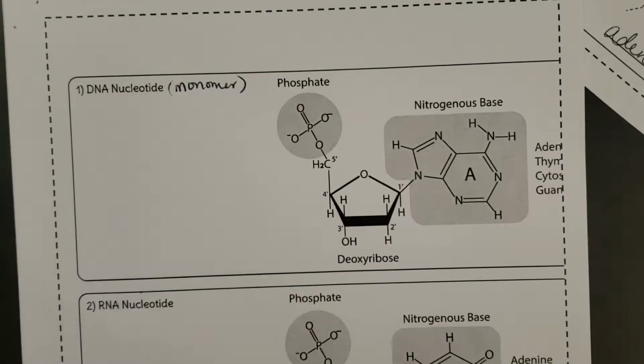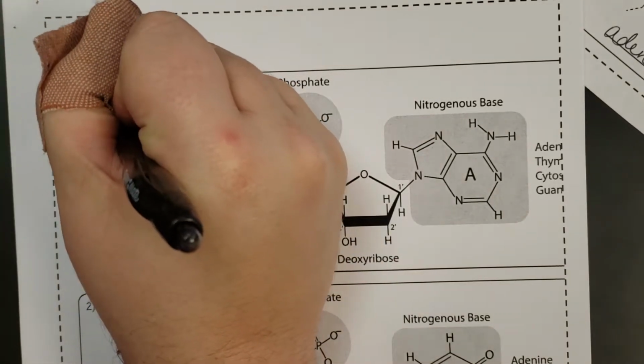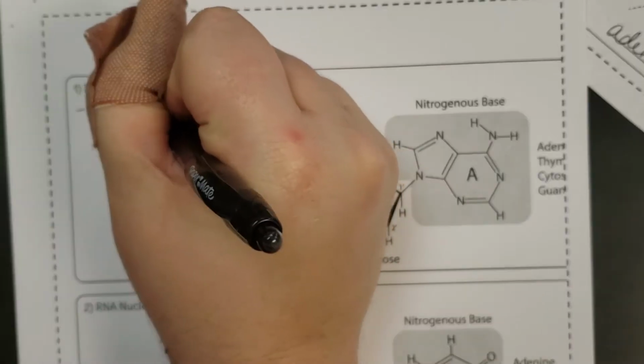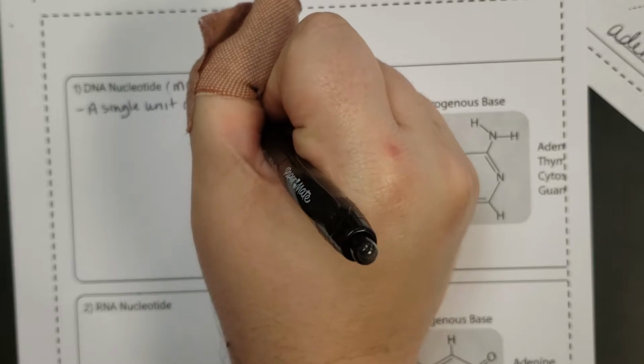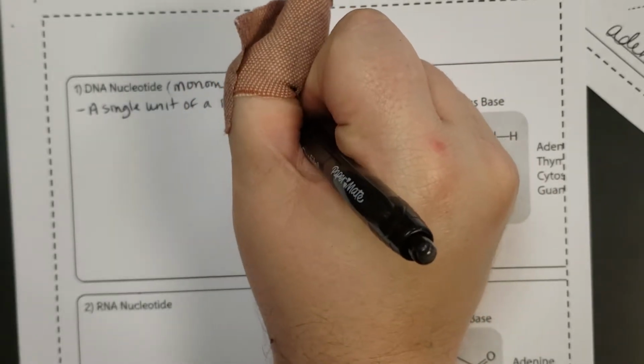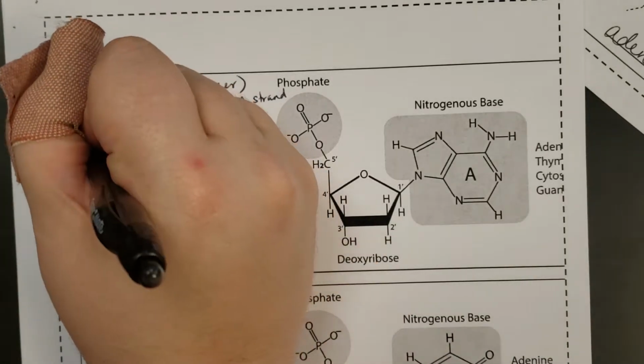That is the building block of something else, a single unit. So this is a single unit of a DNA strand. Okay, DNA comes in 2 strands.